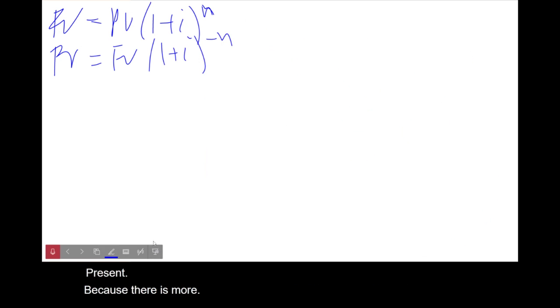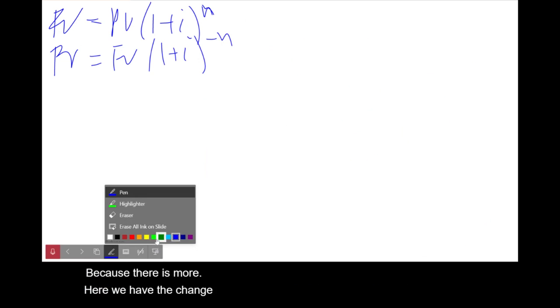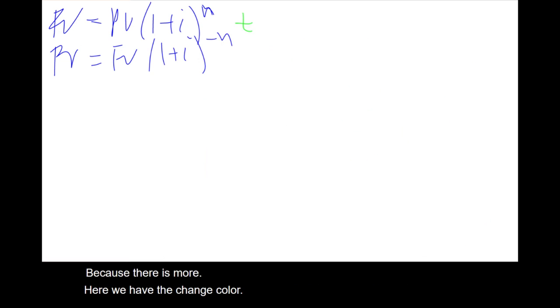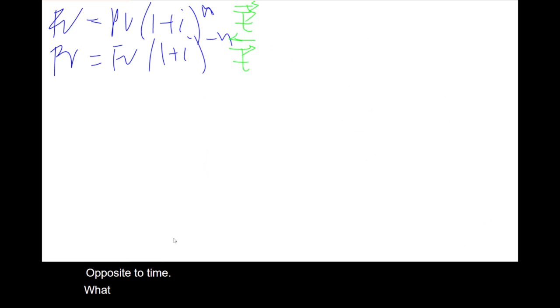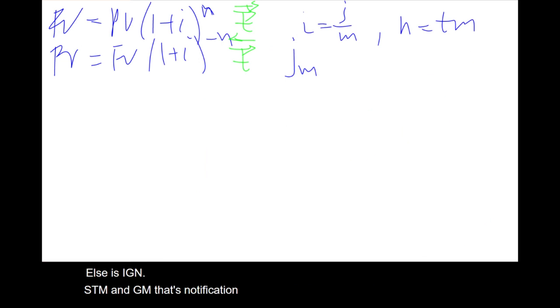Here we change color, T together with time, opposite to time. What else? I is J over M, N is Tm, and Jm, that's the notation we adopted for convenience.